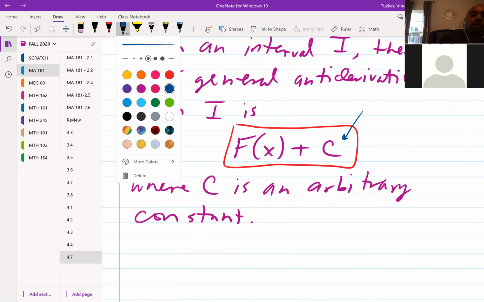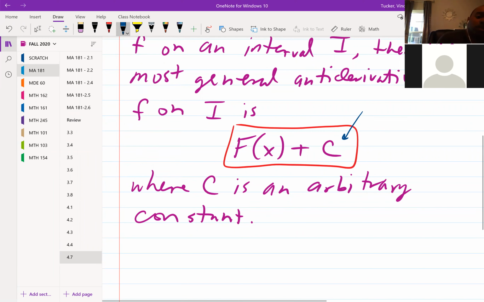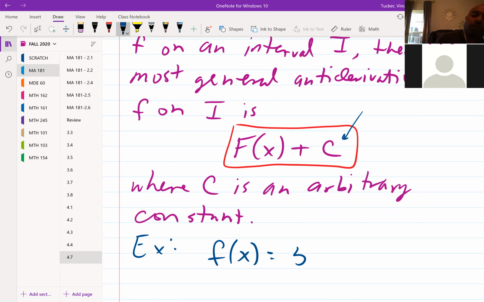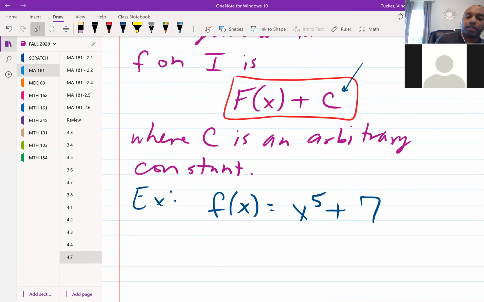So, a quick example. Look at f of x as being x to the fifth plus 7. The derivative of f of x is 5x to the fourth.